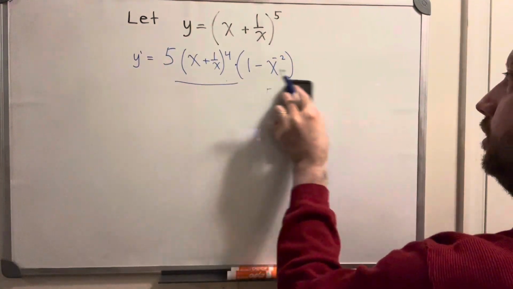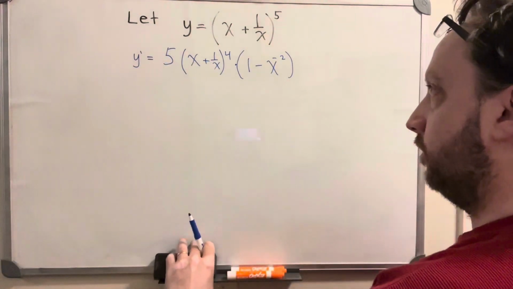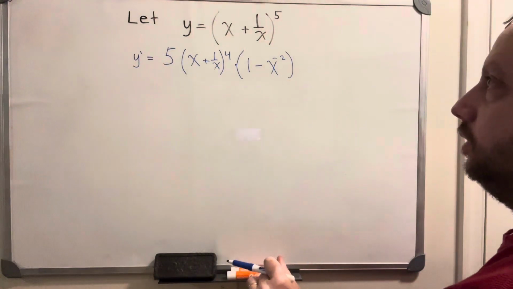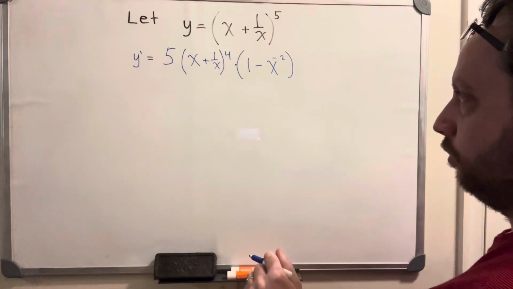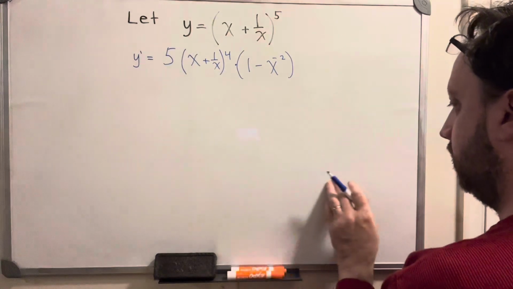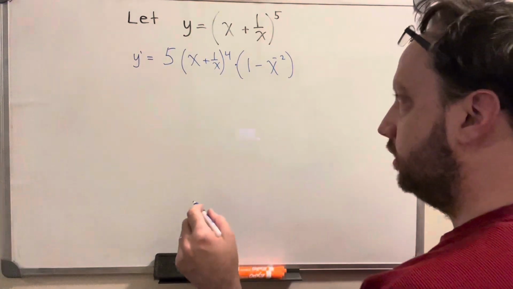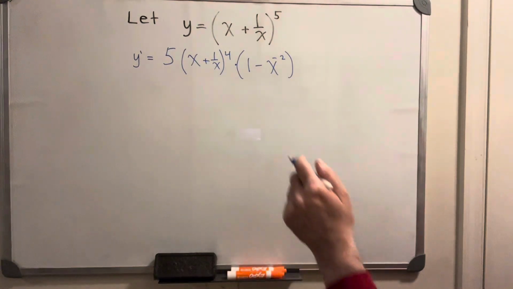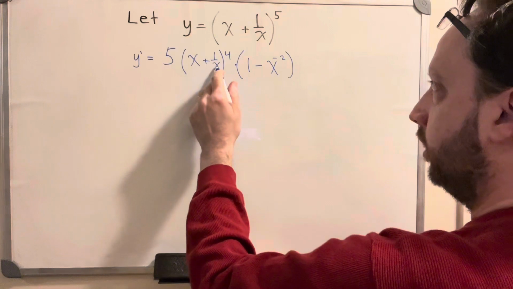Okay, so if this is the derivative of y with respect to x, and we want to know what is the slope at 1, we just plug in 1 right here. 1 over 1 is 1.